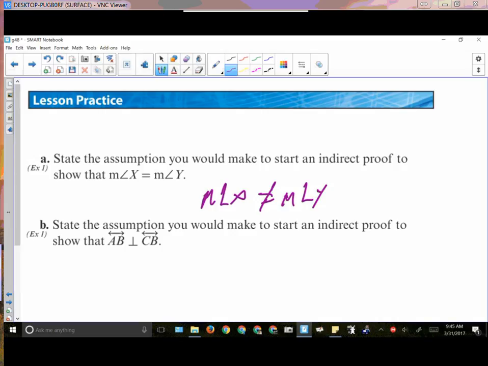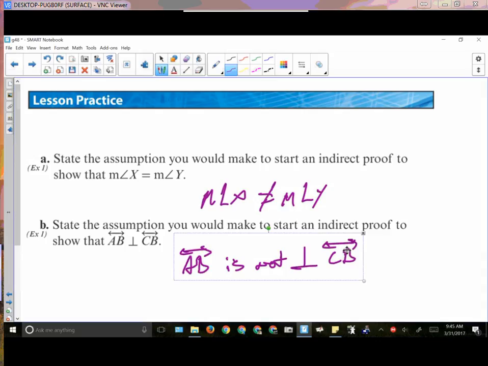Okay, so what do I have to assume so that it is false? Yeah. So AB is not perpendicular to CB. That's really all that you have to take a look at. Now, if you wanted to, could you state that AB was parallel to CB? That would be true, but it doesn't take into account all of the possibilities. Okay?